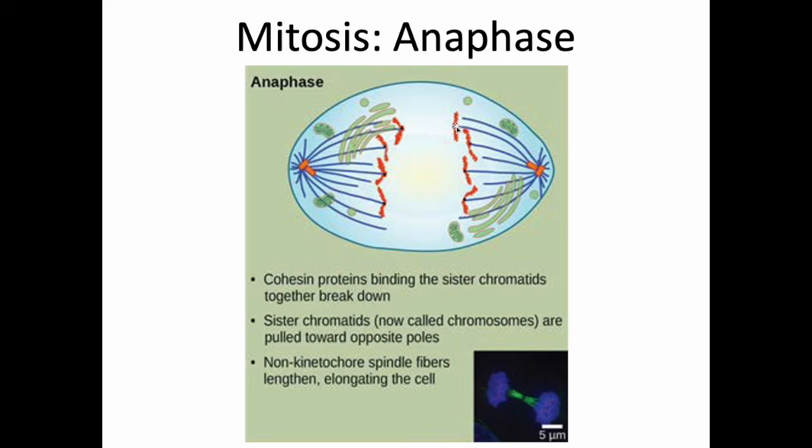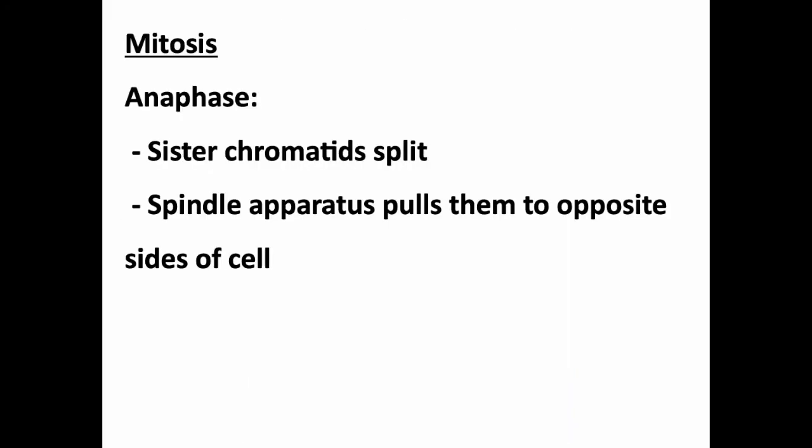And because every one of these chromosome pairs were identical copies, this set of chromosomes is exactly the same as this set of chromosomes. Again, just like binary fission, we are making two identical daughter cells by the time we're done with this whole thing. So anaphase: sister chromatids are split apart, and this spindle apparatus and its microtubules pull these things to opposite sides of the cell.